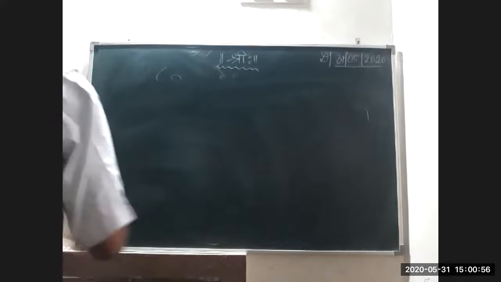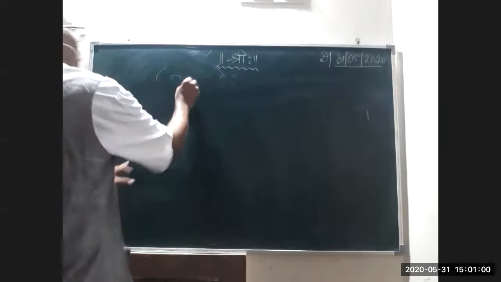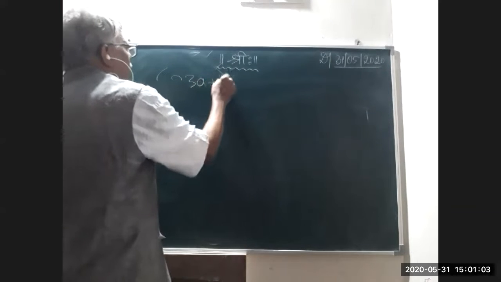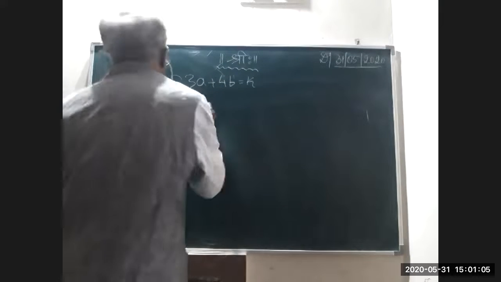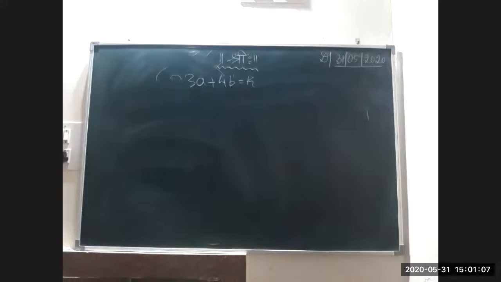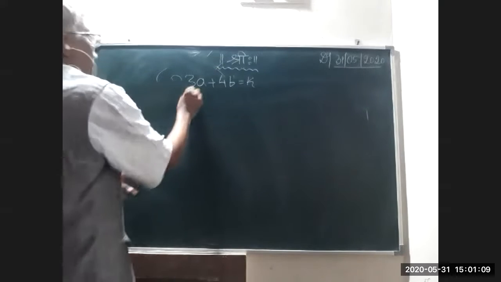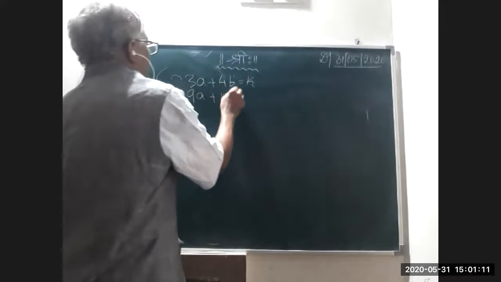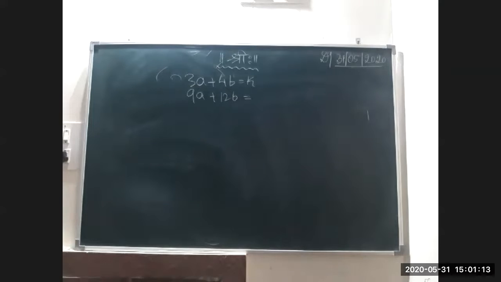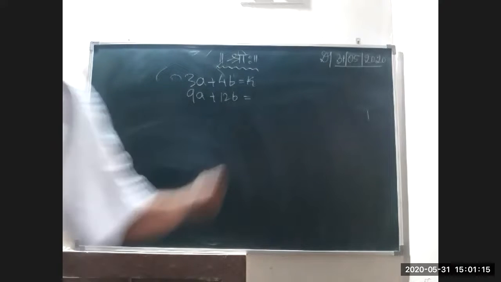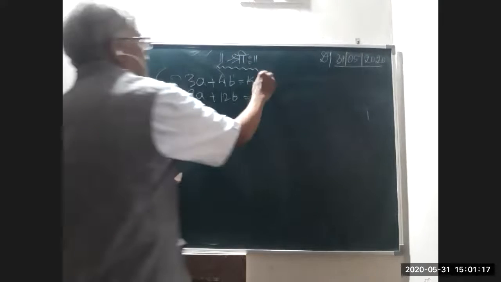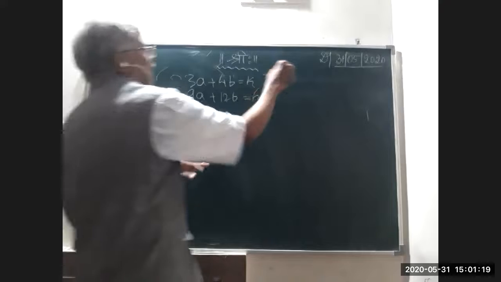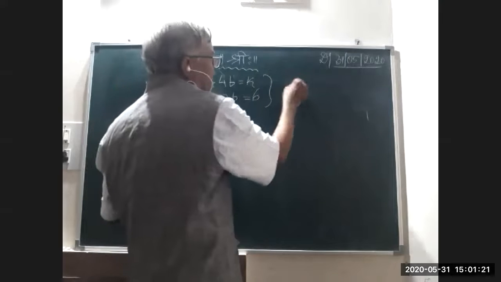Now coming back here, our question was all about 3a plus 4b is equal to k, and the next equation is 9a plus 12b is equal to 6. This is the equation given, and the other data given is infinite solutions.